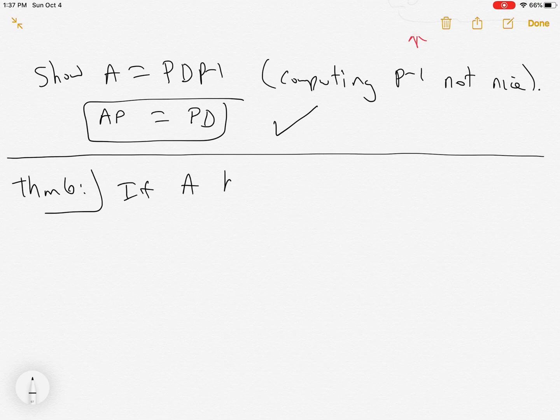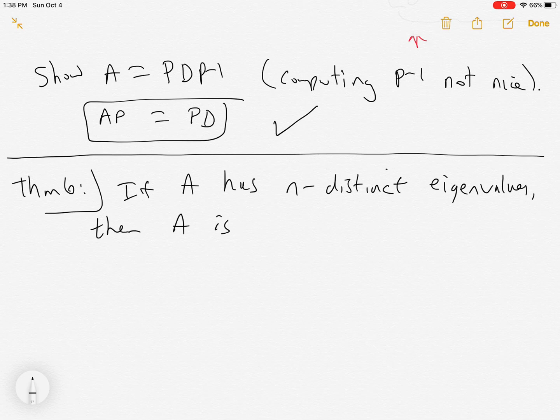If A has n distinct eigenvalues, then A is diagonalizable. Right, so for each eigenvalue, you get exactly one eigenvector. So there's going to be n, so it's going to make a basis for Rn.